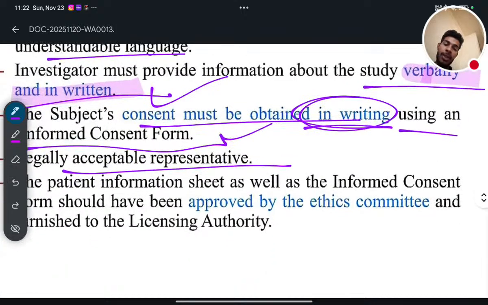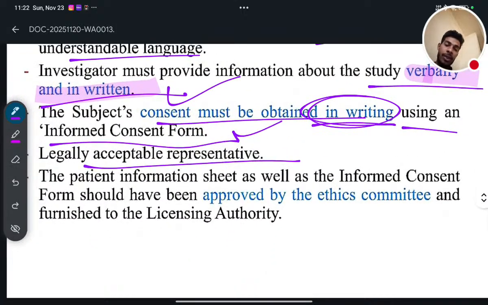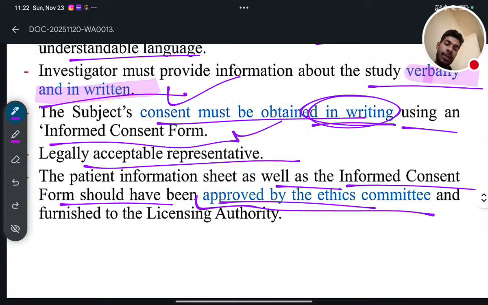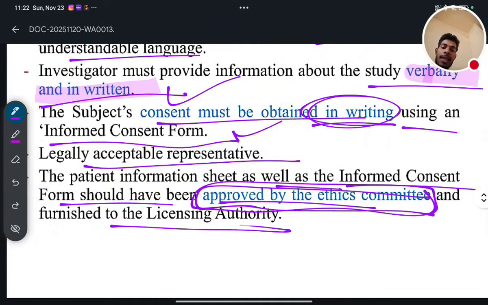The patient information sheet as well as the informed consent form should be approved by the ethics committee. So who will approve them? It will be approved by the ethics committee and furnished to the licensing authority.